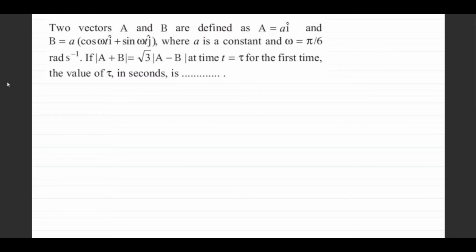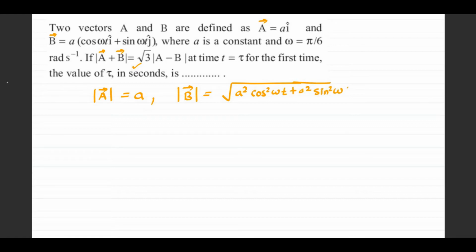Now if we consider this question, again we need to fulfill this condition. So can I say modulus of A vector, these are vectors, is A, and similarly modulus of B vector is, see, it will be root over A square cos square omega t plus A square sin square omega t.